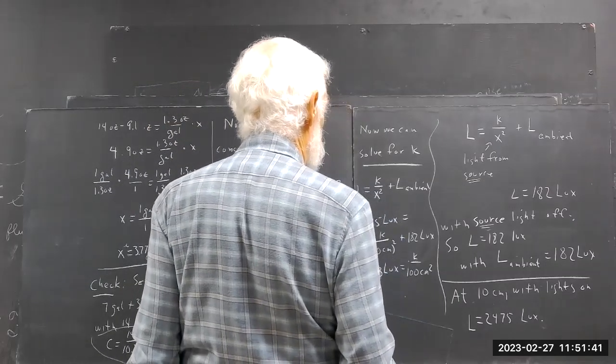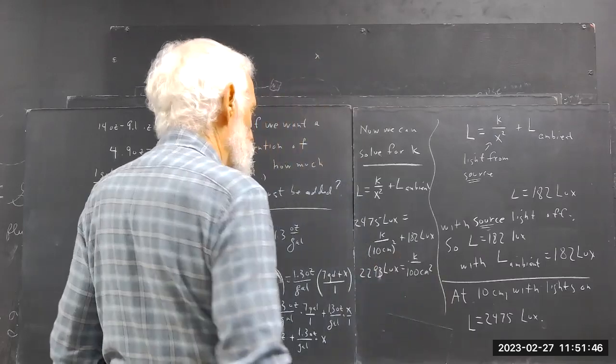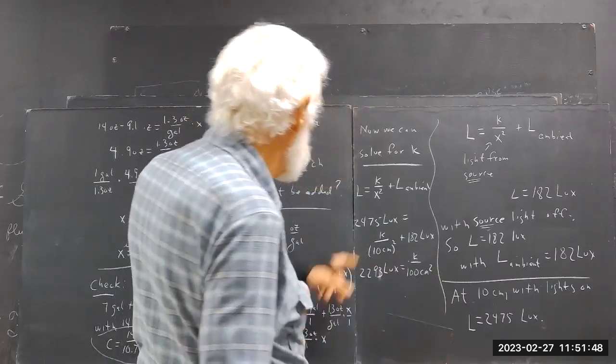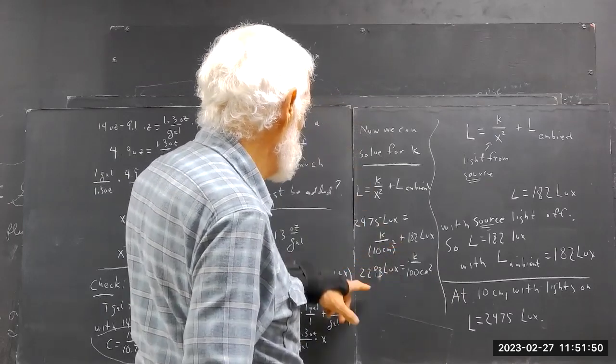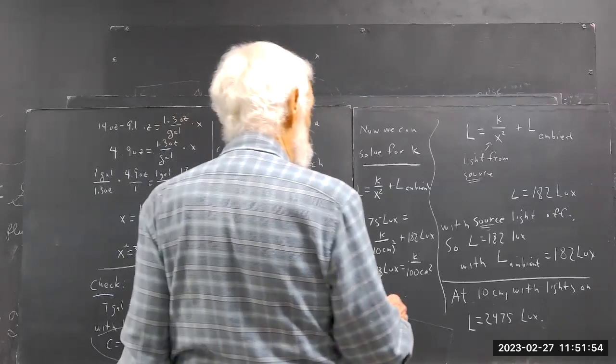Now let's make sure I did my calculation right. Well, 18 short of 200, and 200, we subtract 200 from both sides, we get 2275. Add 18 to that, we get 2293.